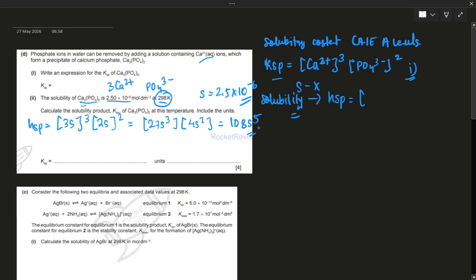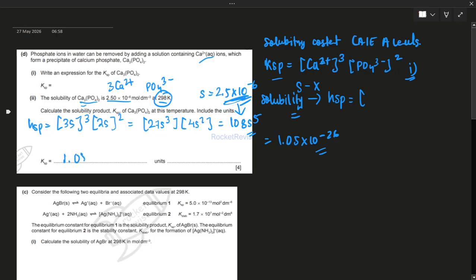I think this is the simplest way to do it. Now all you have to do is plug this value into the S here, and you end up with 108 multiplied by (2.5 multiplied by 10 to the power minus 6) to the power of 5, which gives you 1.05 multiplied by 10 to the power minus 26. This is the Ksp value.